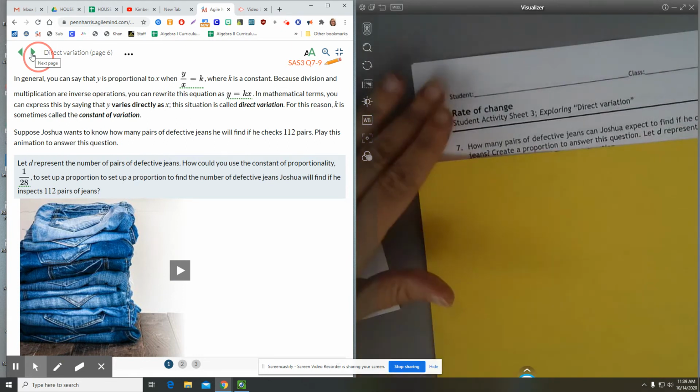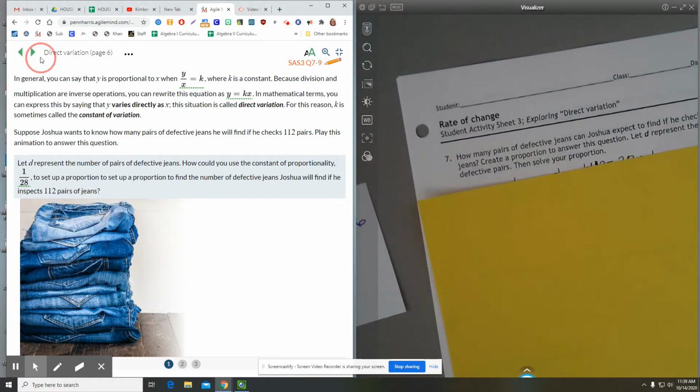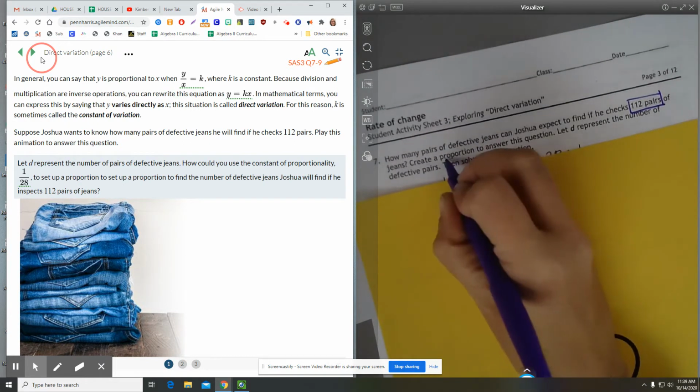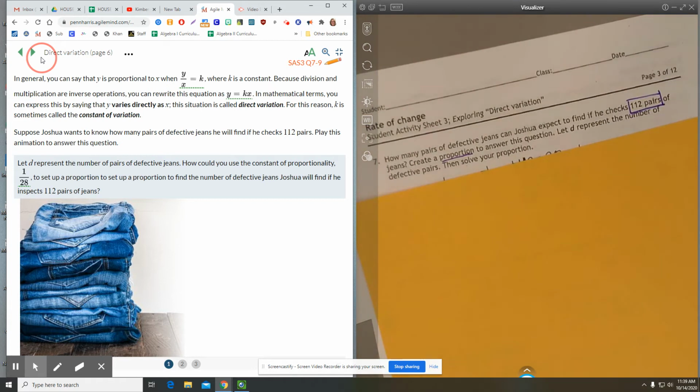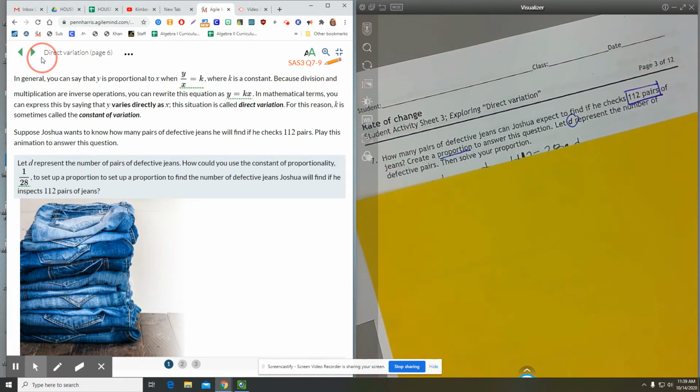Okay, so question 7 now. They want to know how many pairs of defective genes Josh can expect to find if he checks 112 pairs of genes. If they check 112, they want us to create a proportion to answer the question. Let D represent the number of defective pairs.